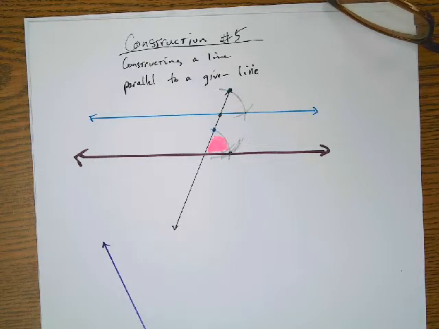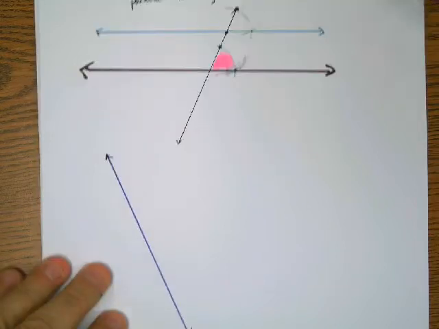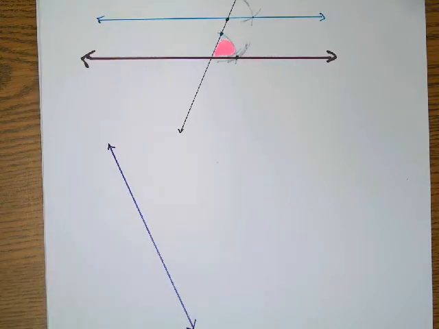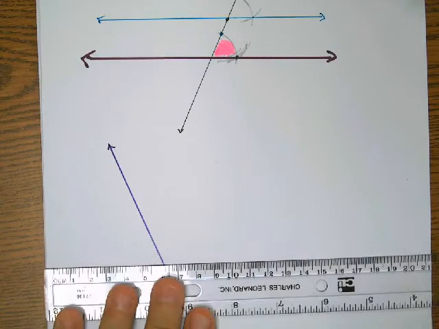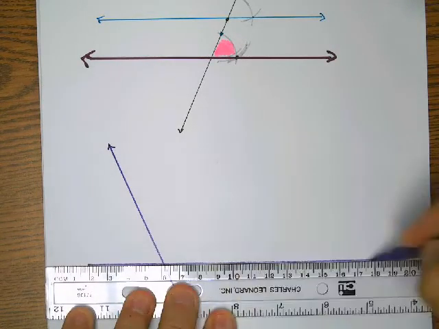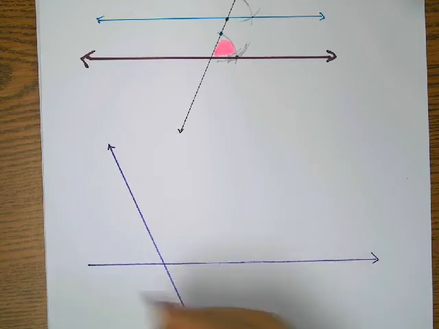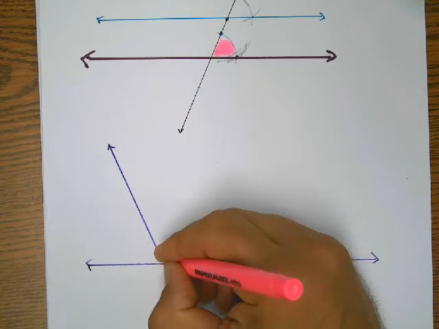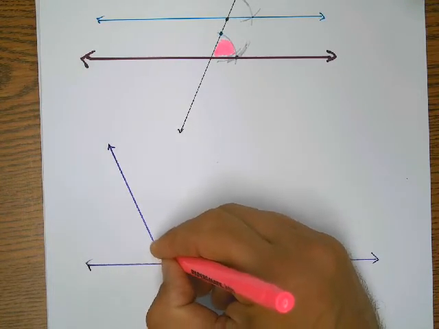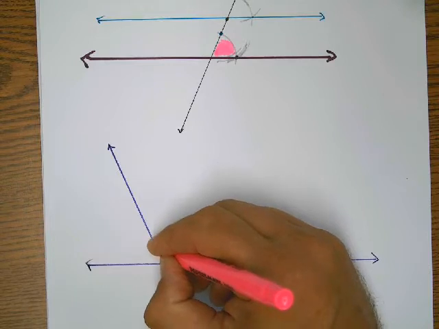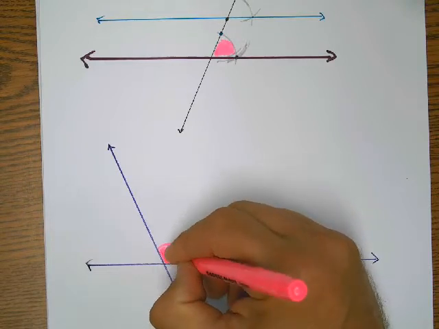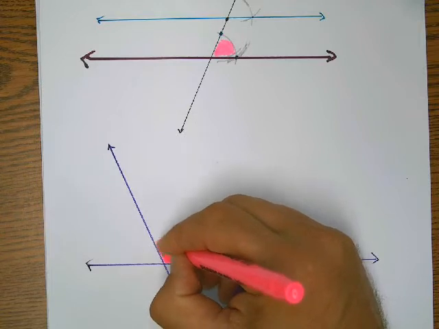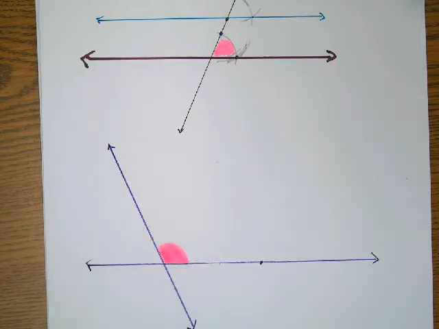First step first. With my line that I'm going to end up constructing a parallel to, I'll make it easy, give myself a horizontal. Now I'm going to pick a random point out here, let's say that one. Now I'm literally going to copy the angle. I'm going to copy the obtuse angle this time. No reason. I'm going to copy that angle right there.